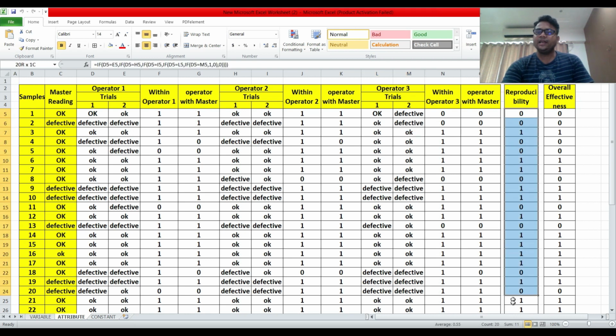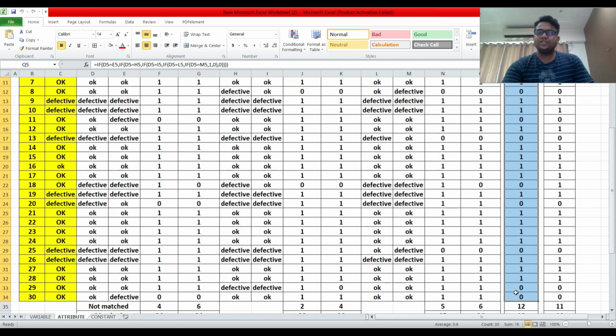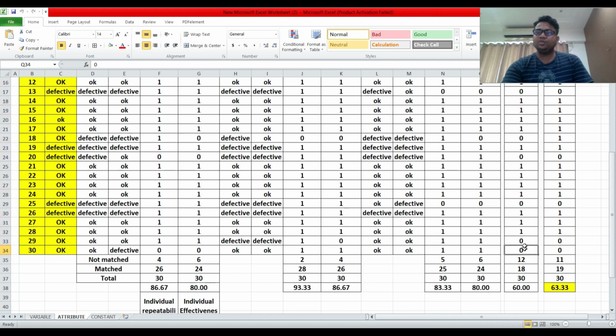Here we will calculate how many times all these operators are agreeing with each other. 0 means their results are not agreeing, and 1 means their results are agreeing with each other. 0 denotes that 12 times their results are not agreeing.